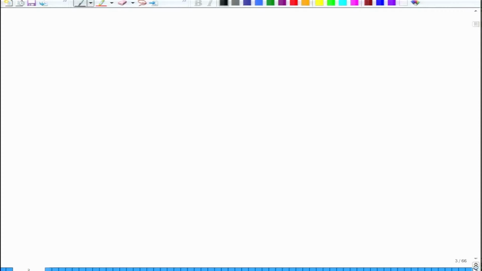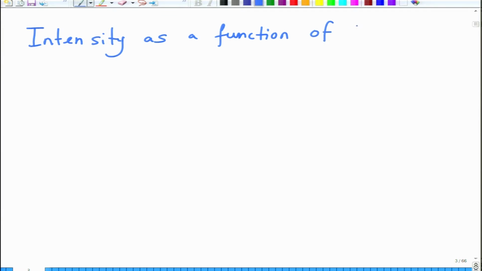Now what we will do in this lecture is we will look at aspects related to sun and the geometrical aspects of sun and earth. First we will just look at the expression of intensity as a function of air mass.